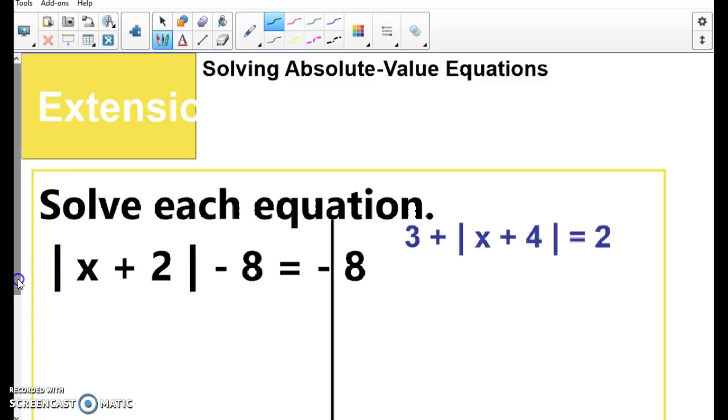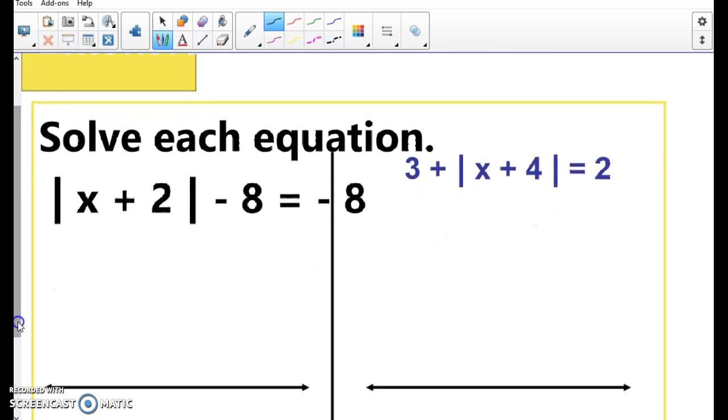Alright, and these are the 2 times where I would not get 2 answers. So I see a minus 8 here, so I'm going to add 8 to both sides. And once I add 8 to both sides, I end up with the absolute value of x plus 2 equals 0.